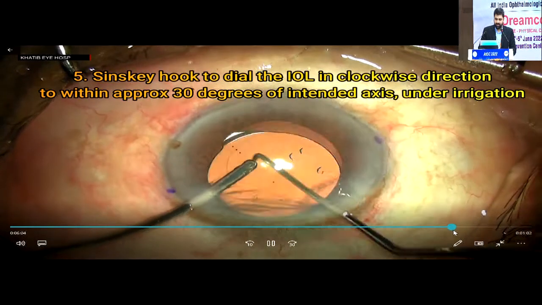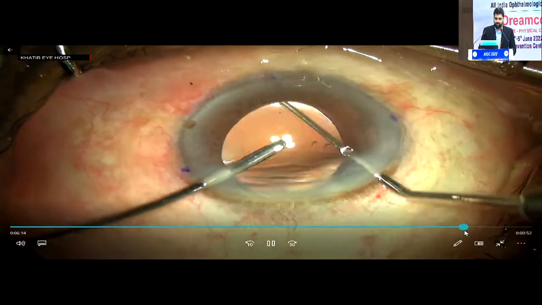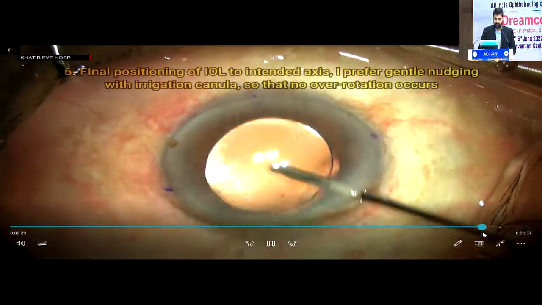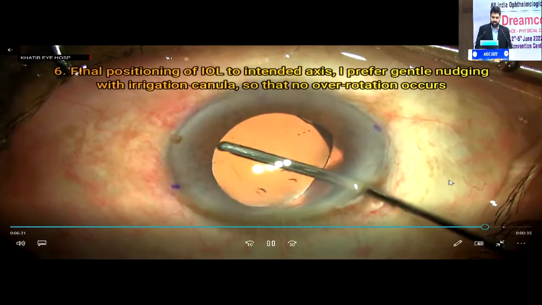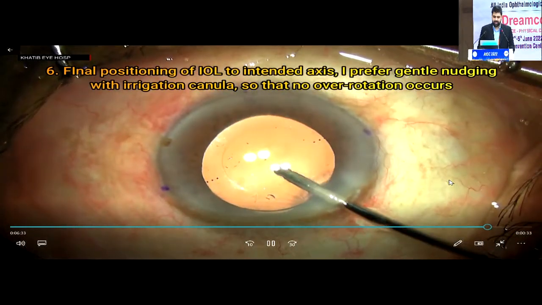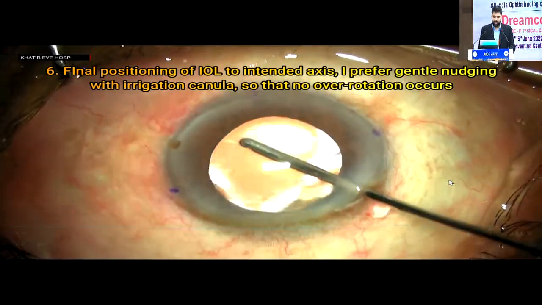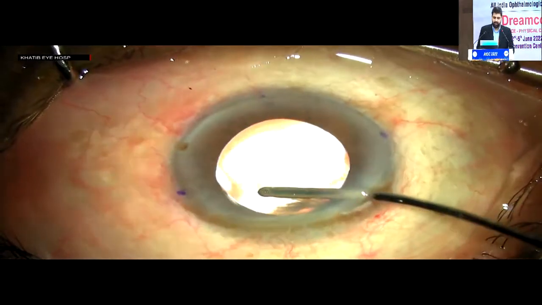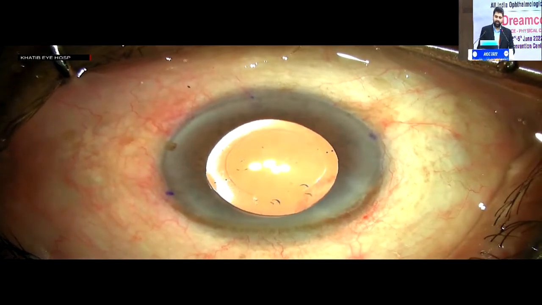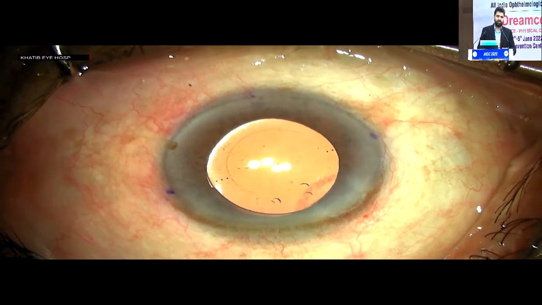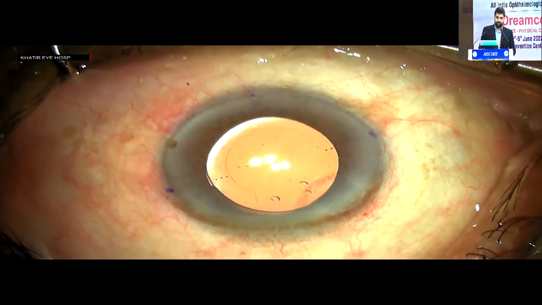I use a dialer after removing the visco to nudge the lens into position, and my final nudge comes from the irrigation itself, just gently nudging it into position until I feel that it is aligned with the marks. And you can see how well the lens gets aligned with the marks when you use simple point marks.